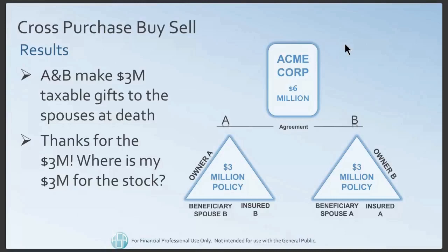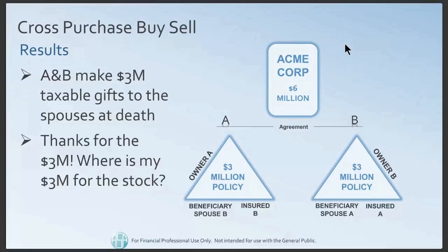So owner A buys a $3 million policy on owner B, and then just to keep things simple, names B's spouse the beneficiary. And owner B does the same thing. Owner B buys a $3 million policy on owner A, and then to keep things simple, names the spouse of owner A the beneficiary of the policy.